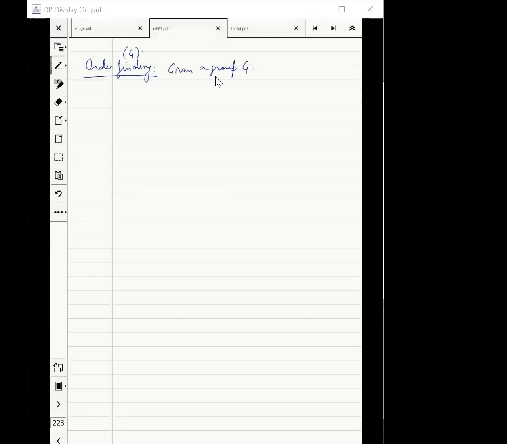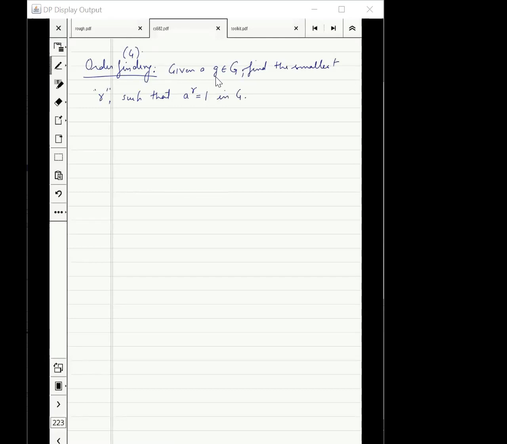So order finding over G is: given an element small g of group G, find the smallest number, let's call it R, such that g to the power R is equal to 1 in G. All these multiplications are happening in the group G. First thing is this, does R need to exist always?